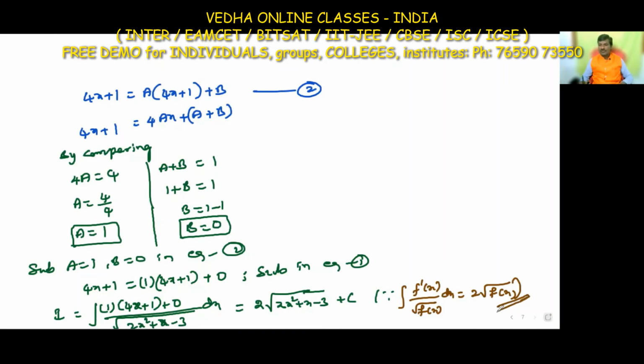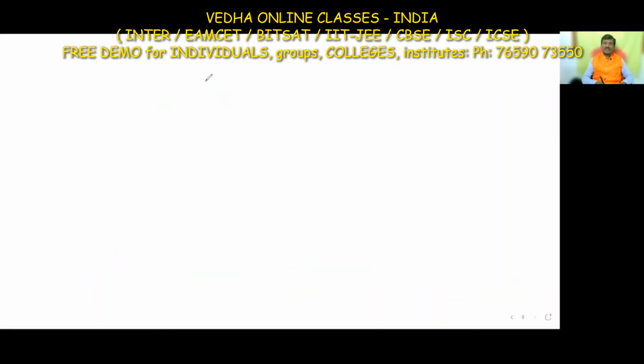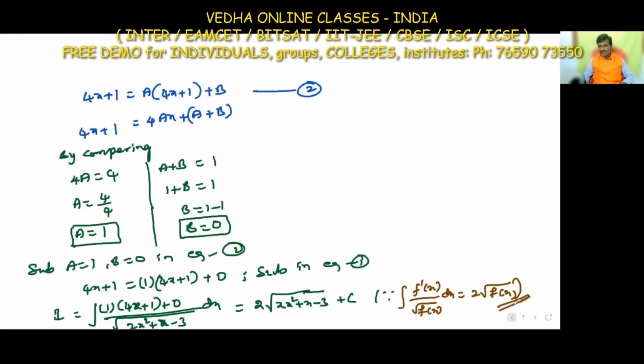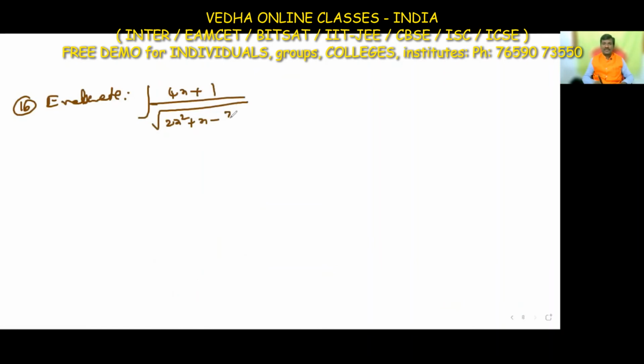If we go with the shortcut direct method, the question is to evaluate the integral of (4x + 1) divided by the square root of (2x² + x − 3). Directly, the derivative of 2x² is 4x and the derivative of x is 1.